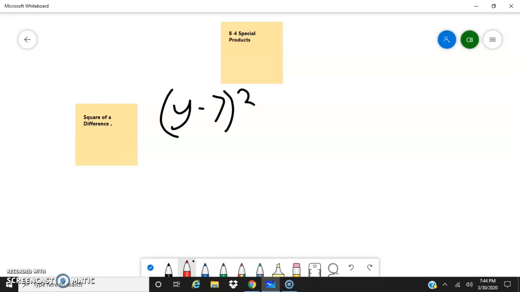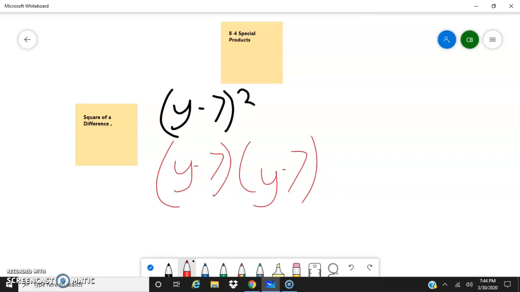I'm going to rewrite that so I can use the FOIL method. So I'm just going to rewrite y minus 7 times y minus 7, and then treat it just like we did that last example. We're going to multiply our first numbers together, so y times y is y squared.